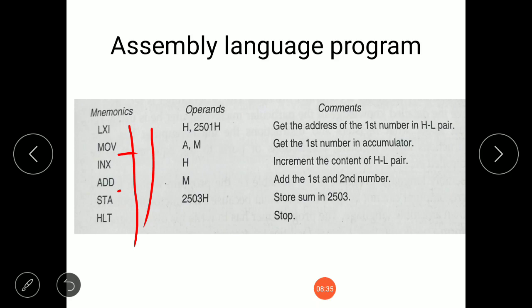The writing of a program in assembly language is much easier and faster as compared to writing a program in machine language. Both assembly language and machine language are microprocessor specific, and a microprocessor specific language is known as a low level language.